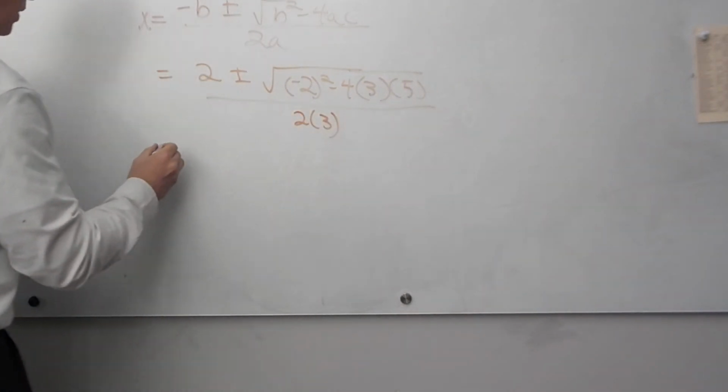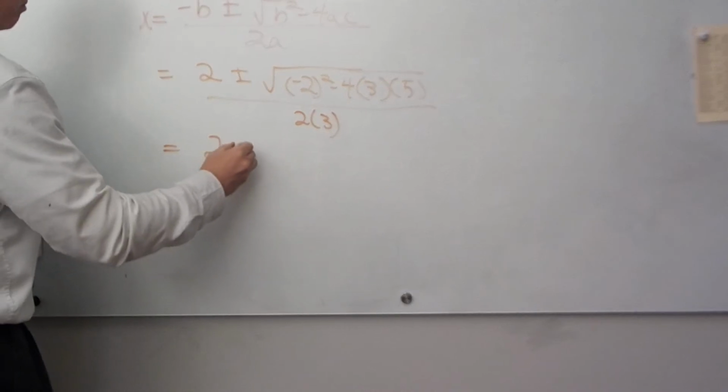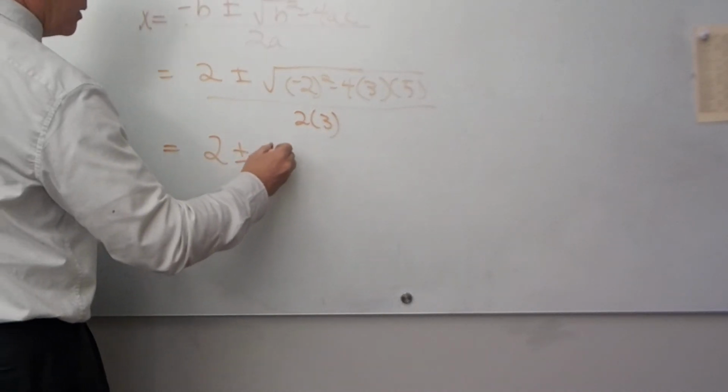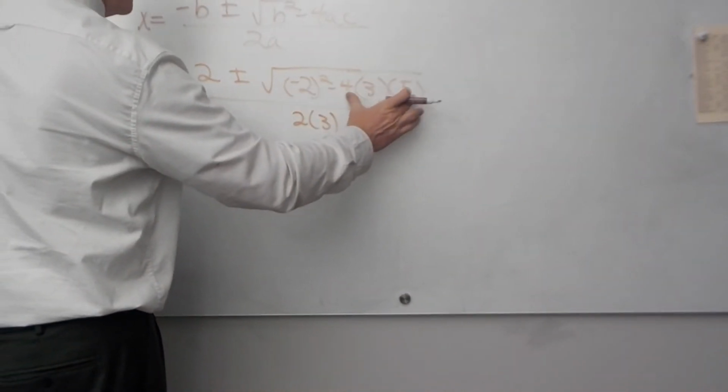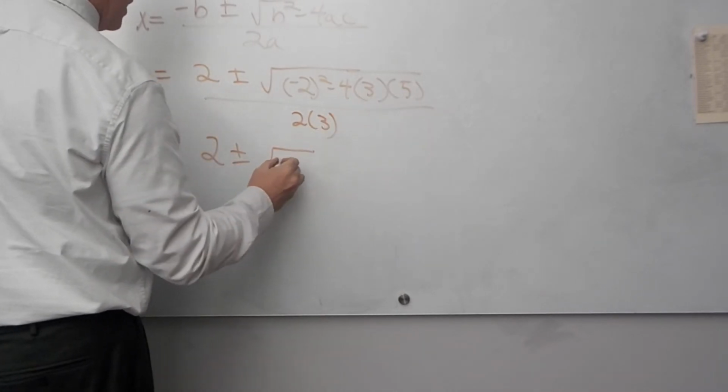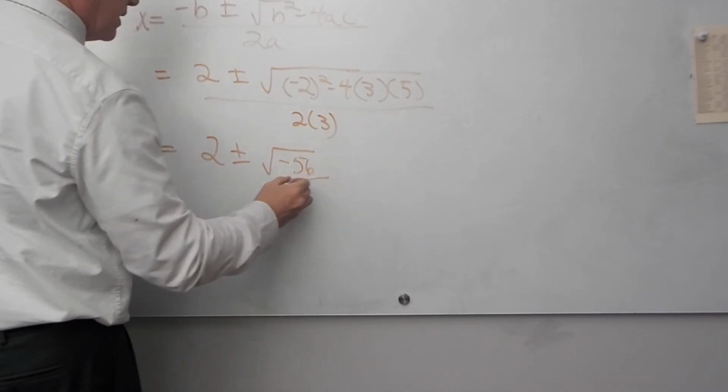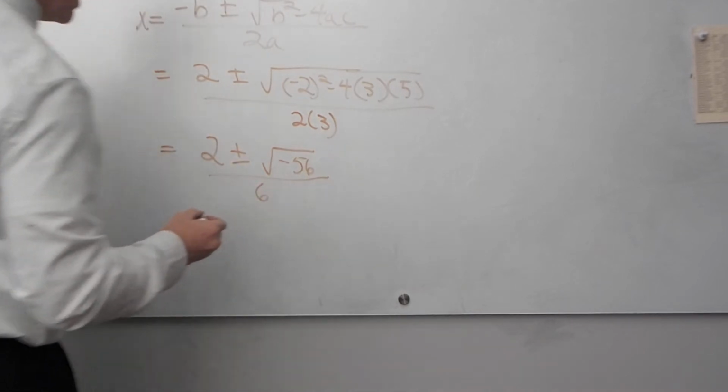There's my substituting. And then that's 2 plus or minus the square root. That's 4. That is 60. 4 minus 60 is negative 56 over 6.